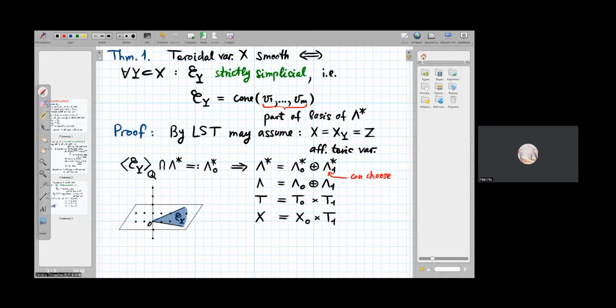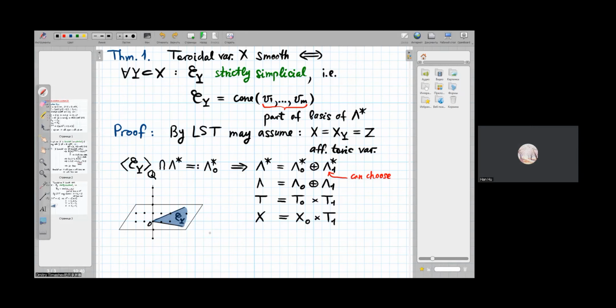So why does the decomposition of T induce a decomposition of X? Because let me recall what is the shape of the coordinate algebra of X, if X is a toric variety.